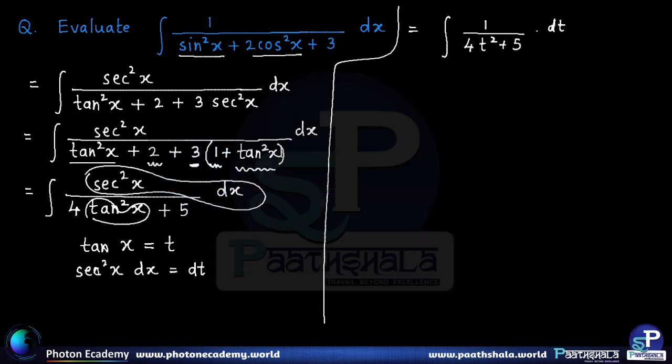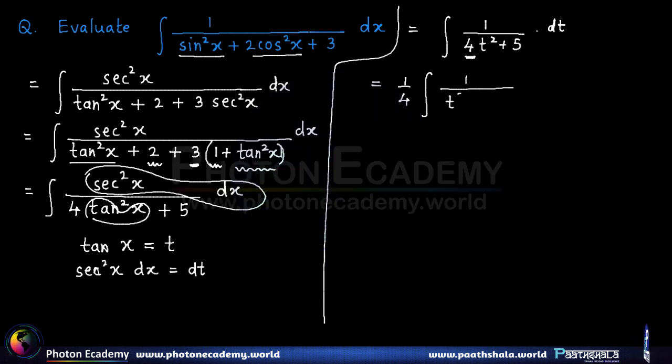Now this is the integral of the familiar pattern. If you observe, we have the coefficient of the quadratic term other than unity, so we must take 4 outside. So here we will have 1 upon t square plus 5 by 4 dt.